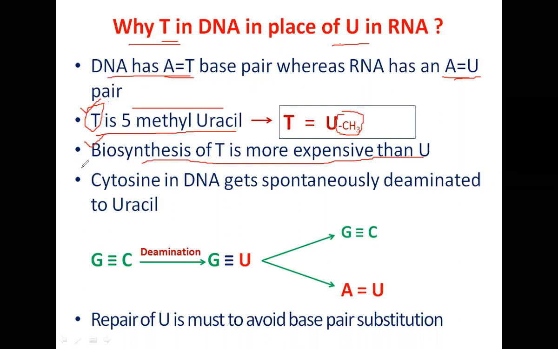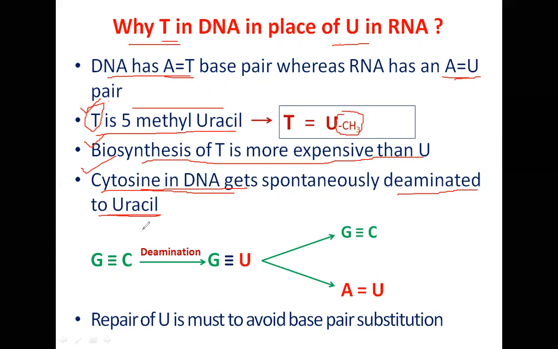The reason is that naturally occurring cytosine in the DNA, DNA has cytosine also, gets spontaneously deaminated. It has a tendency to undergo deamination spontaneously, and when it gets deaminated, it forms uracil.